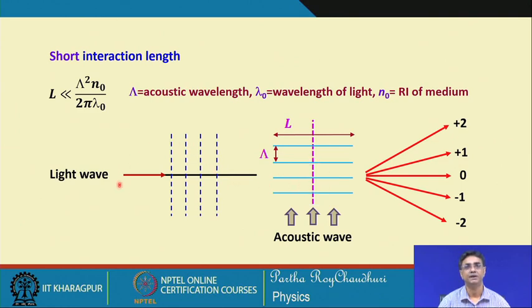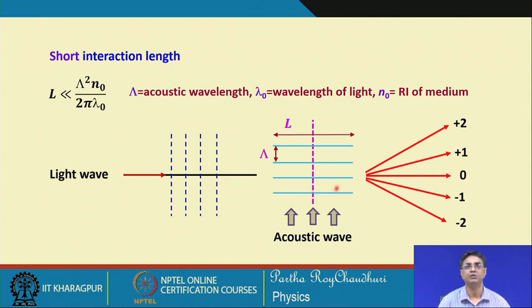So, effectively this light wave will see almost a stationary grating, as if the instant at which it hits the acoustic wave induced grating, it will see a grating which is fixed, and then it will move away. By the time the grating moves in this direction, the light wave has already interacted and moved out.